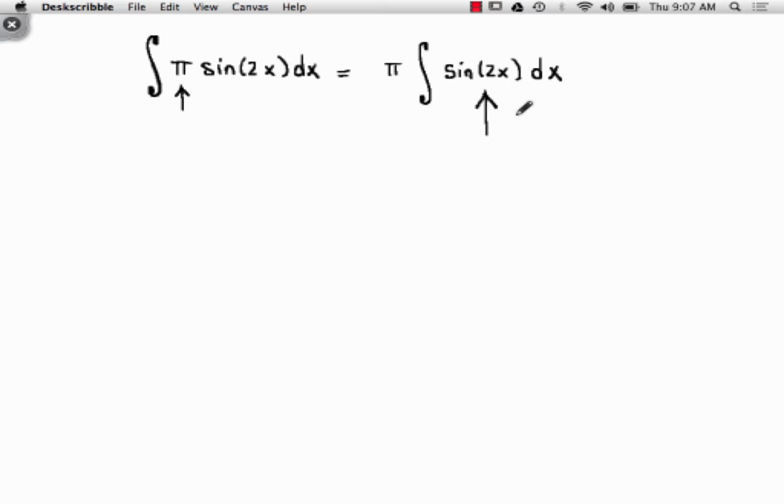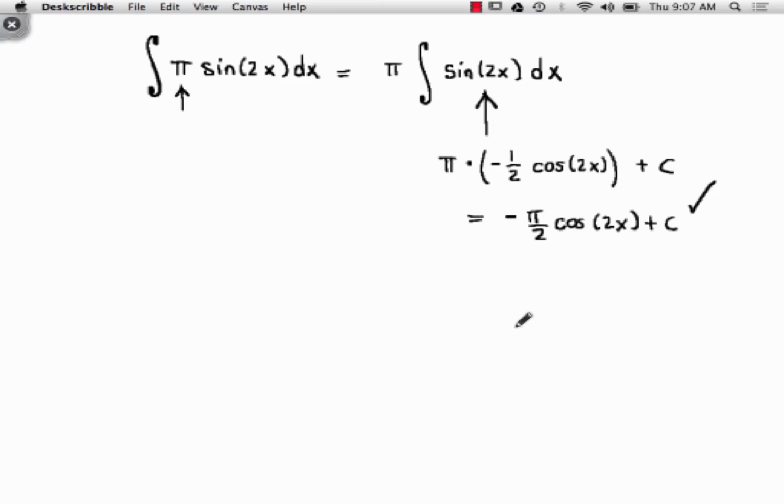But remember, if I differentiate negative cosine of 2x, the chain rule brings the 2 out. So how do I compensate for that? Because I don't have a 2 out here. It's going to be a 1/2. So this becomes pi times negative 1/2 cosine of 2x, plus c, by the way. Gotta have that. And so you get negative pi over 2 cosine of 2x plus c. And there's the antiderivative.